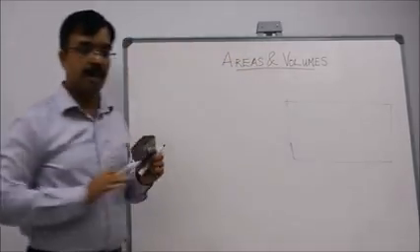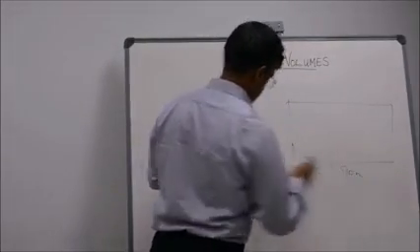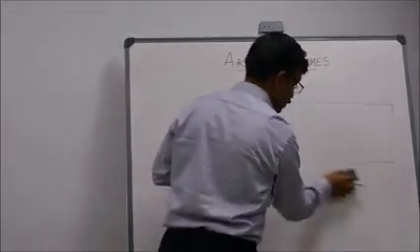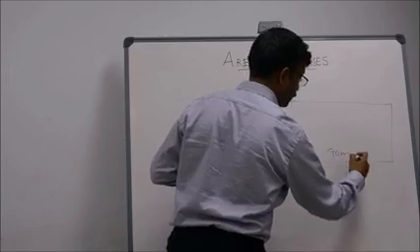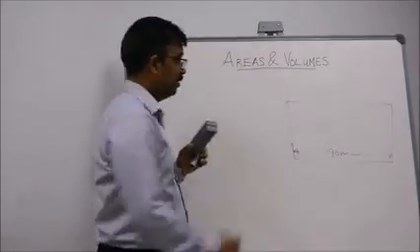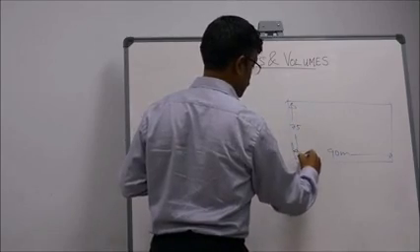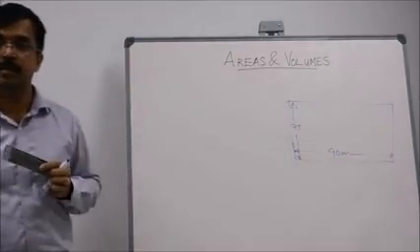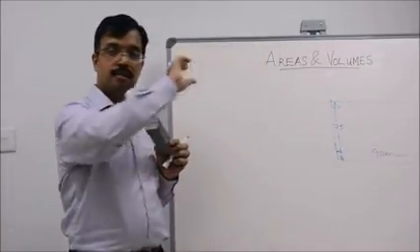The garden's length is 90 meter. So let me draw it inside. I'll tell you why. Let's do it 90 meter, the length, and 75 meter is the width.